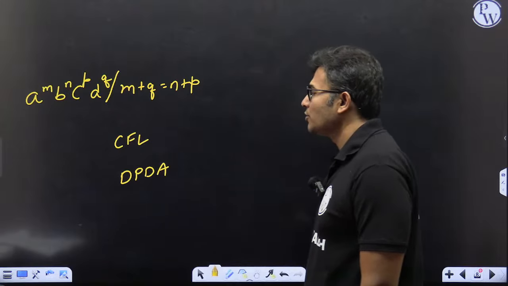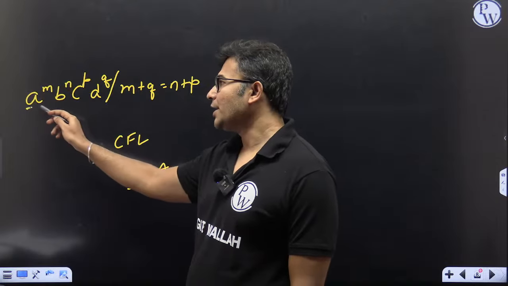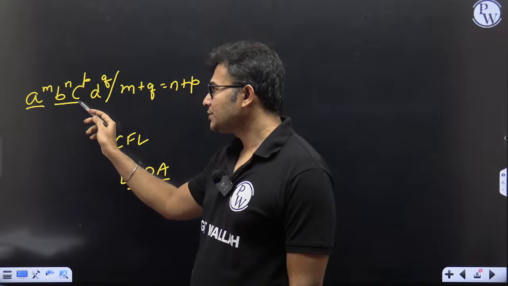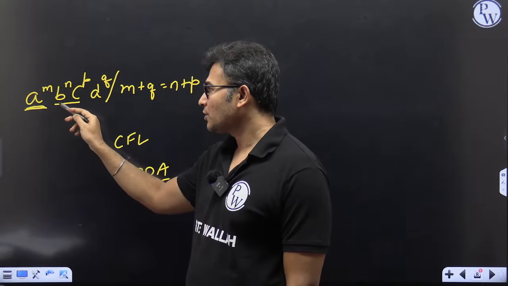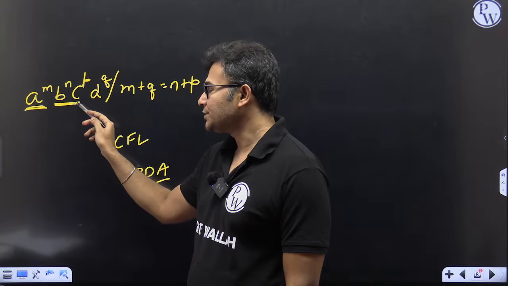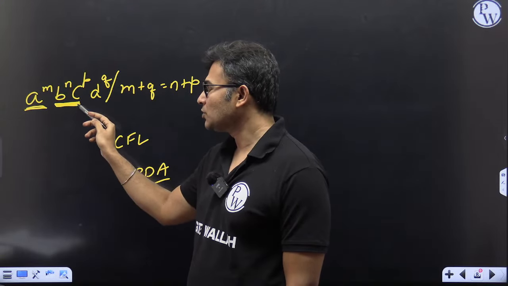How are you going to build the deterministic pushdown automaton? You push all A's, and for B's and C's, you pop A's. When all A's are over, whatever is remaining from B's and C's, either B's and C's will be remaining or only C's will be remaining.